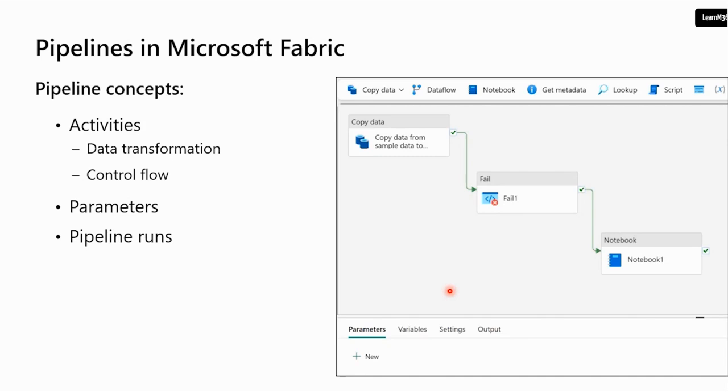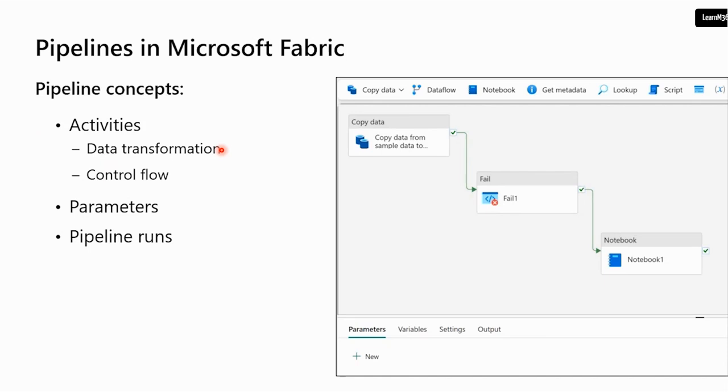Proceeding ahead with the core pipeline concepts. There are some core pipeline concepts which we need to be aware of. The very first concept is activities. Activities are the building blocks of a pipeline. Activities can perform actions like data transformation. When I say data transformation, I mean you can use Spark, notebooks, or dataflows to clean, reshape, or enrich the data.